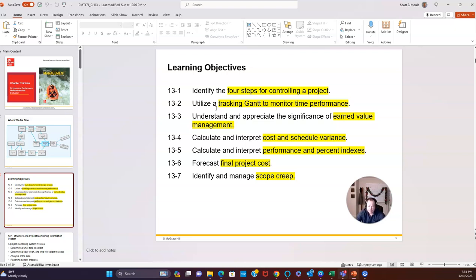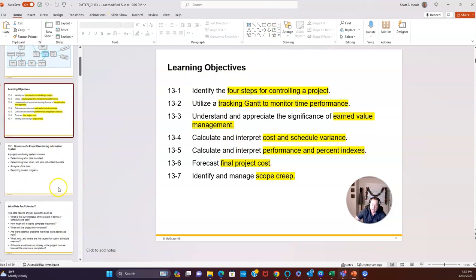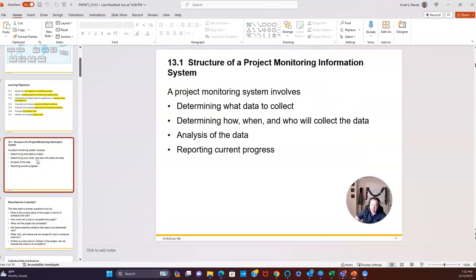We'll talk about calculating the final cost of the project, the planned estimate at complete, the actual estimate at complete, and then we'll talk a lot about scope creep and how that can impact a project from a scheduling perspective as well as from a cost perspective. So we're going to cover a lot of different areas in tonight's video.